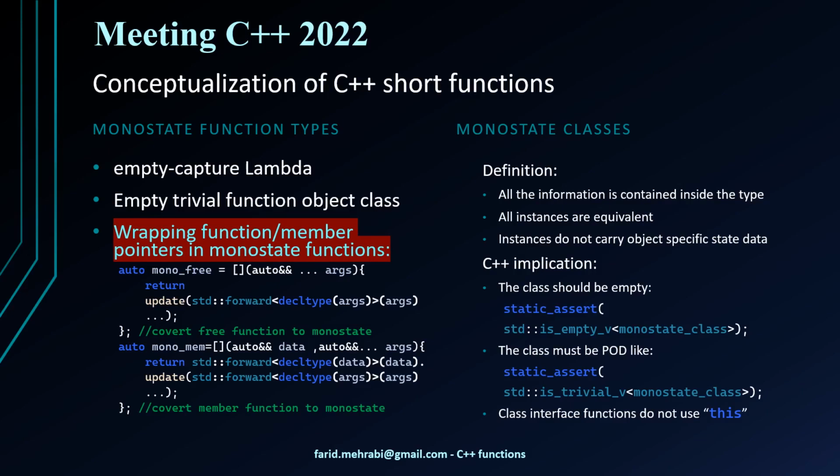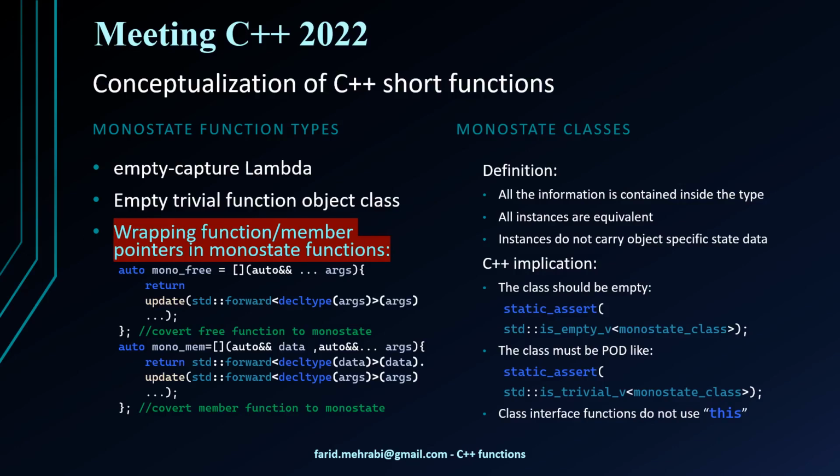This means that such classes should satisfy the conditions of empty classes in C++ and trivial classes. That is, their special member functions must all be trivial, and none of the member functions should need to use the this pointer.